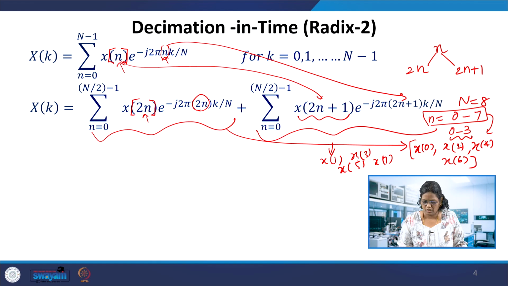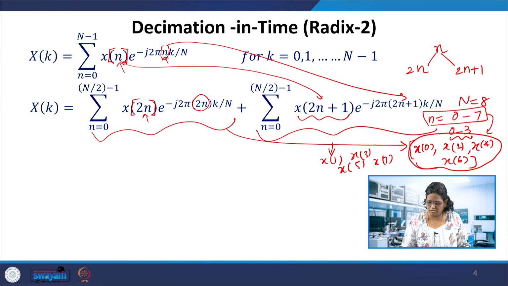So you can see nicely that of these two summations of the DFT, one takes care of the even samples and the other takes the odd samples. Even and odd samples are separated this way. So we compute the DFT of even samples and then collect the odd samples and its DFT.